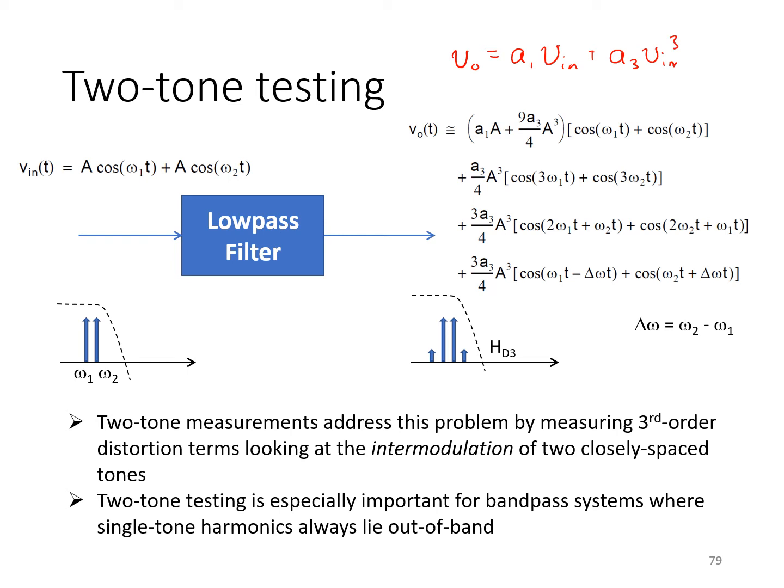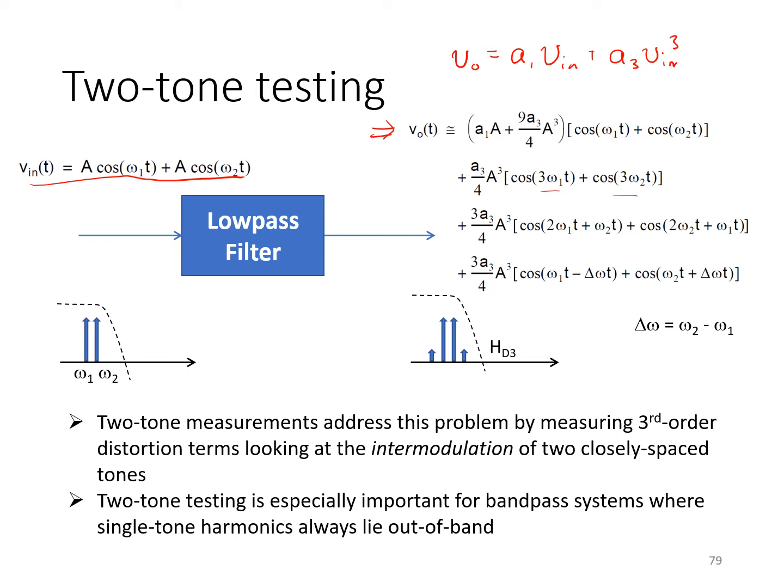And if you substitute into this expression the two-tone input shown here, and you work through the trigonometry, what you see is that you do get the third order harmonics of each input tone, 3 times omega 1 and 3 times omega 2, but these are likely to lie well out of band of the amplifier, and so again may get attenuated and are not a good measure of the circuit's nonlinearity.